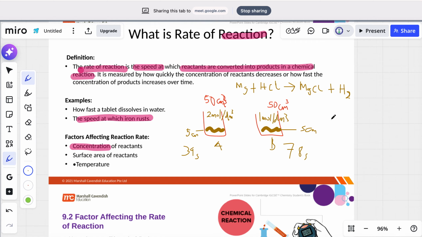The rate of reaction is equal to the total volume of the gas produced over the time taken for that reaction to take place. This is volume, not speed. In physics, rate, which is like speed, is distance over time, but in this case it is volume of the gas produced over time taken.